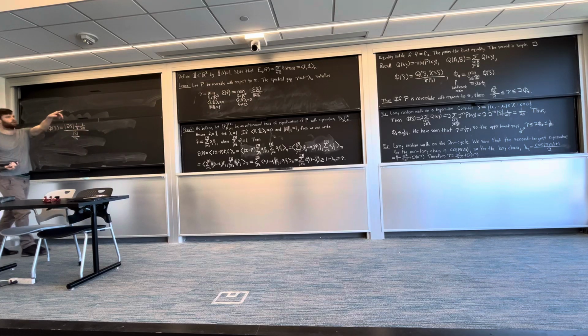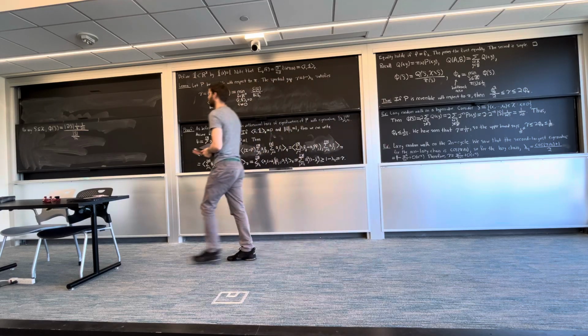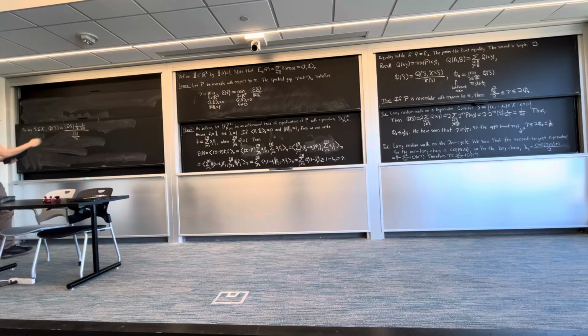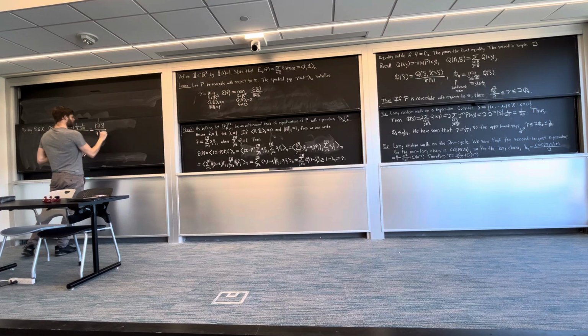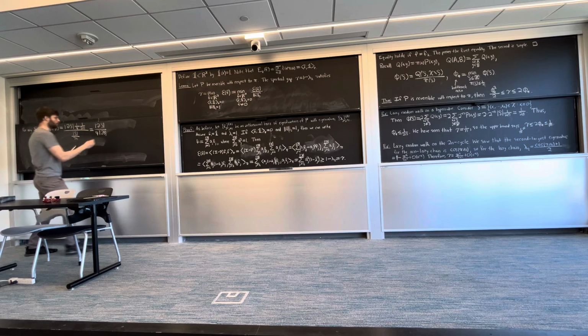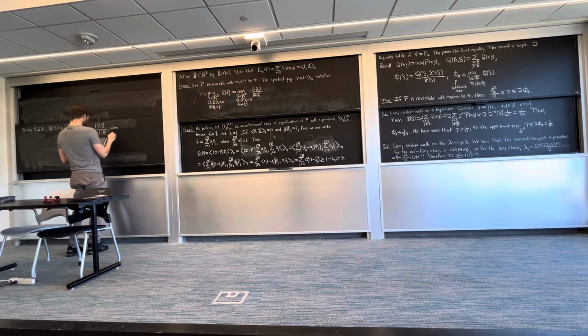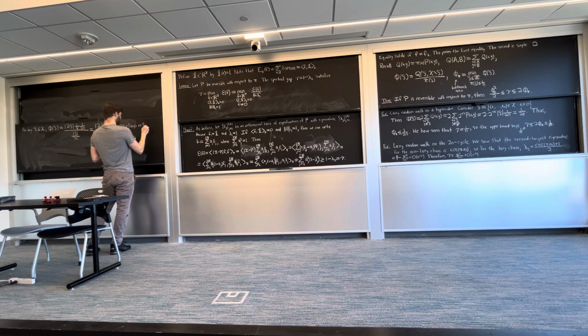This is the numerator, Q of S comma complement of S, and pi of S is the size of S divided by 2n, again because of the uniform distribution. We can simplify this as the size of the boundary divided by 4 size of S, by canceling the 1 over 2n. Remember that the boundary of S is the set of x comma y such that x is in S and y is in the complement of S.